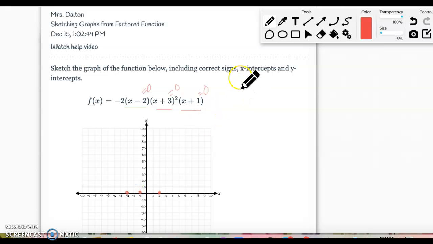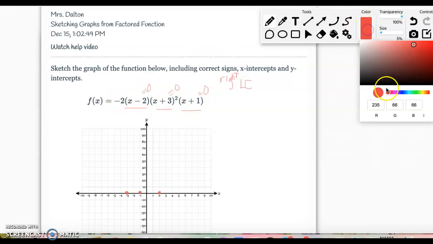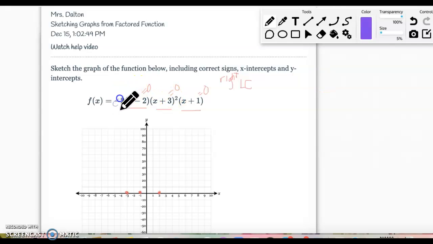At that point, I want you to figure out what's happening on the right side, and that's going to come from your leading coefficient. So the right side is determined by your leading coefficient. What I taught you to do was, all we care about is whether it's positive or negative. So take the signs of each one. Here you're going to have a negative.